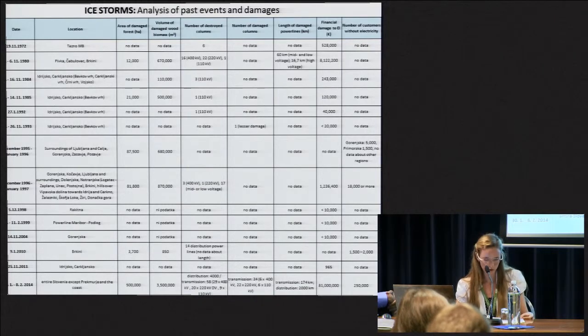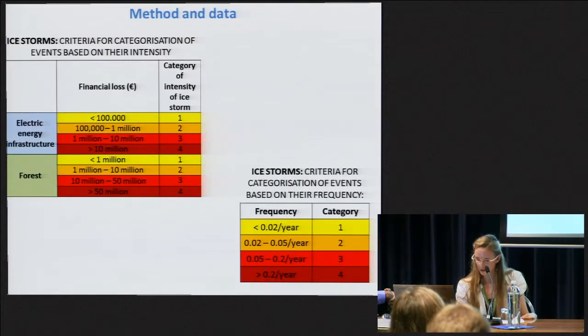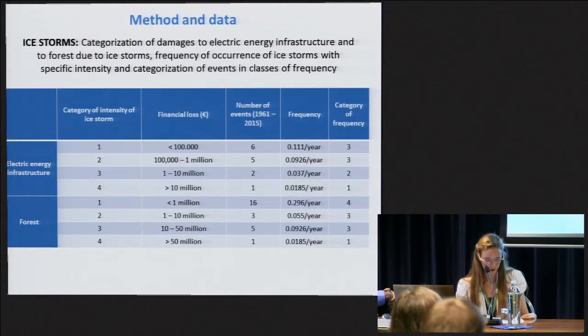Each event was drawn on a map and then categorized into a category of intensity as well as into a category of frequency. Here are criteria for categorization of the events, and this is the summary of categorization.